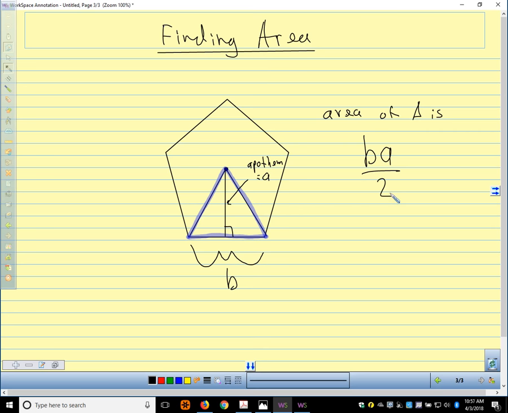That's the area of that one triangle there. Well, if I divided this polygon into more of these triangles, how many total triangles would I have? I'd have one there, and one there. We'd have 5. So the total area is 5 times B times A divided by 2.